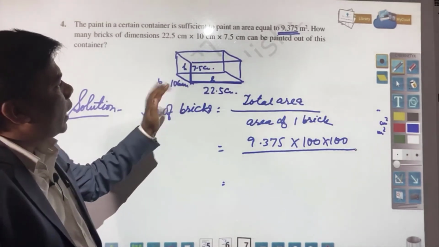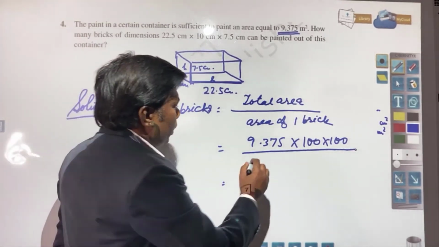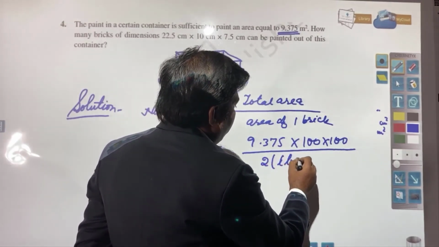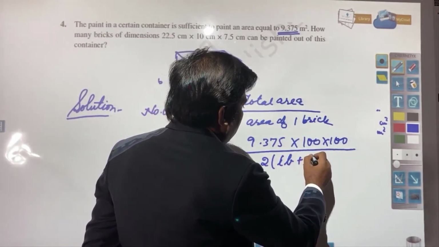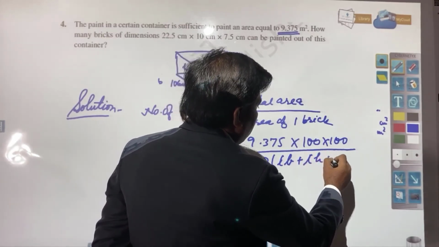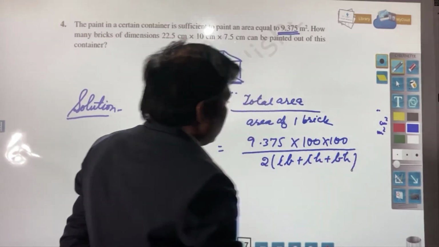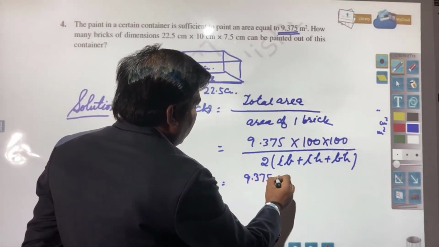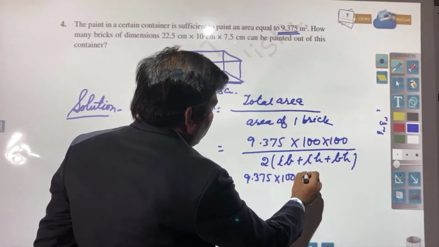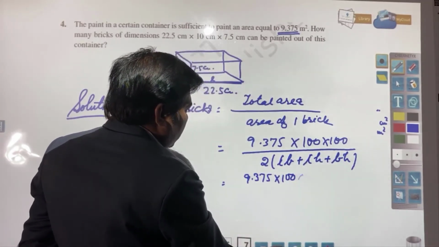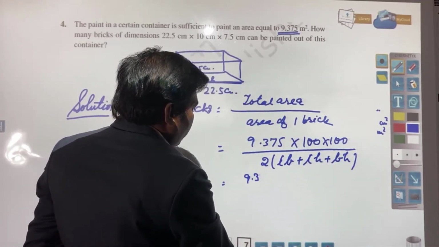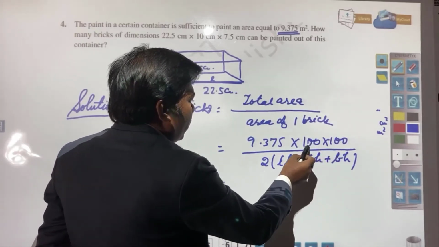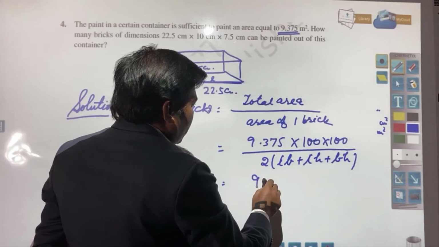The surface area of one brick will be 2 into (L into B plus L into H plus B into H). So this will be 9.375 into 100 into 100. If you are multiplying, here you see 4 zeros we have, 1, 2, 3, 4 zeros.